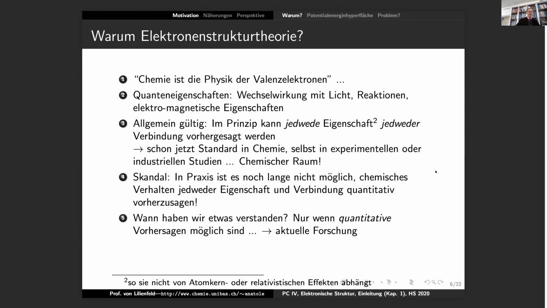You can even go towards a more philosophical point of view and say, well, we haven't really understood chemistry. You might be able to measure something, but have you really understood it, right? You could argue that we only understand things when we are able to predict them in a quantitative fashion.